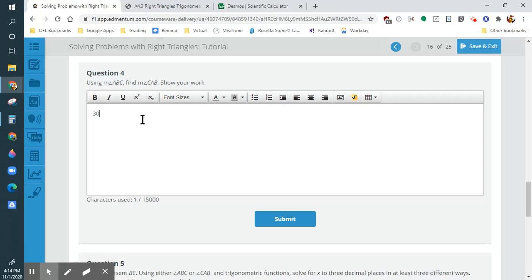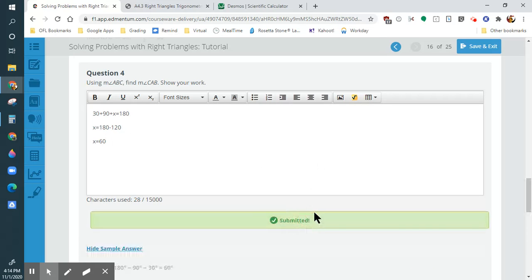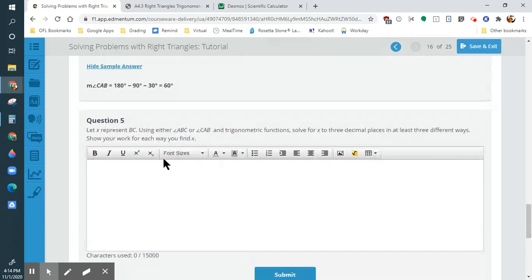We're going to say that 30 plus 90 plus x equals 180. Or we can essentially say that x equals 180 minus 120. I added these and subtracted it. Therefore, x is equal to 60. I'm just using x as a general variable. So there we go.